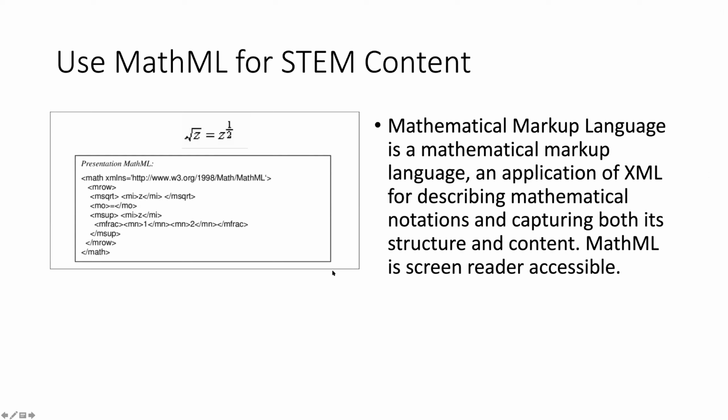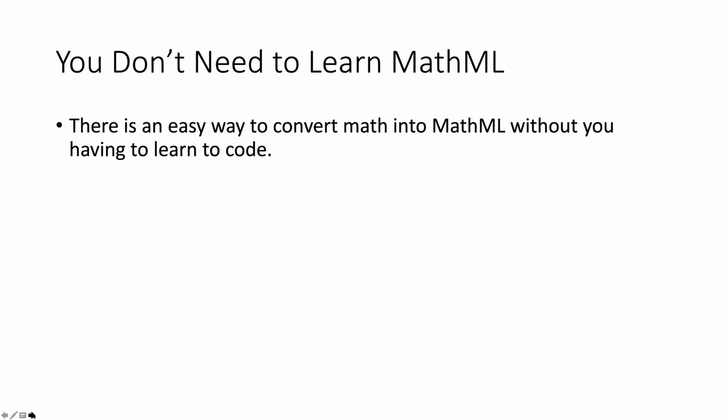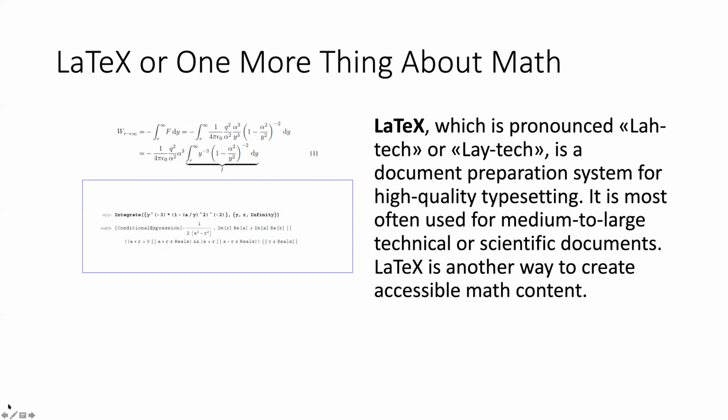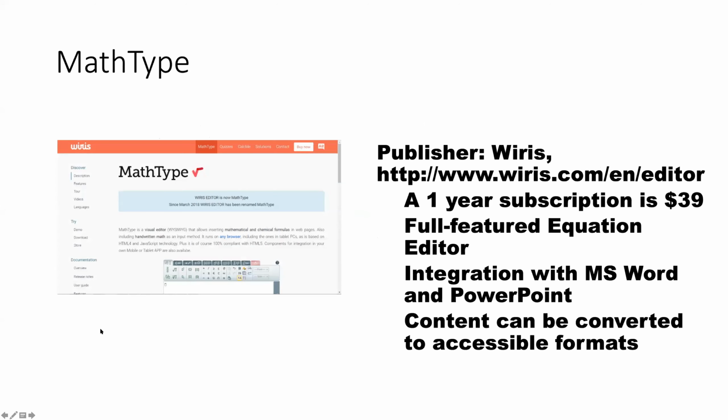So the first thing you can do is something called MathML. And MathML is screen reader accessible. But you don't need to learn MathML, you do need to find a way to get the math you use into MathML. And there's an easy way to do that by using this program called MathType. It goes right into Word.